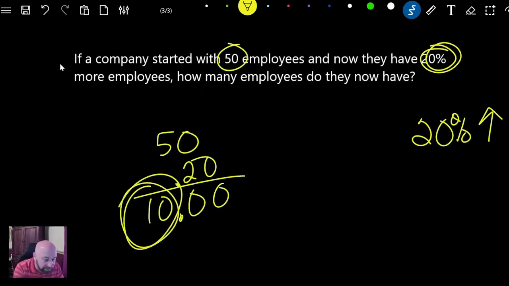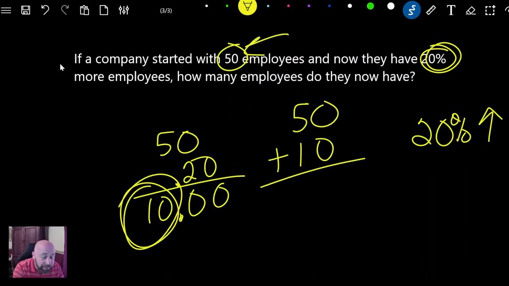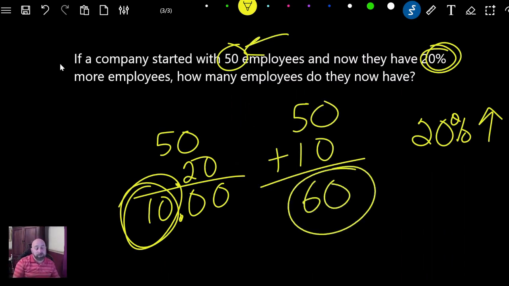So we're going to take that 10, and we're going to take 50 employees, because that's our original number, and we're going to add 10. How many employees do we now have? We now have 60 employees. So a lot of times all this is adding or subtracting once you get to the end of it. But usually it's 2 steps. So you have to multiply and then add or subtract to get the answer on these ones.